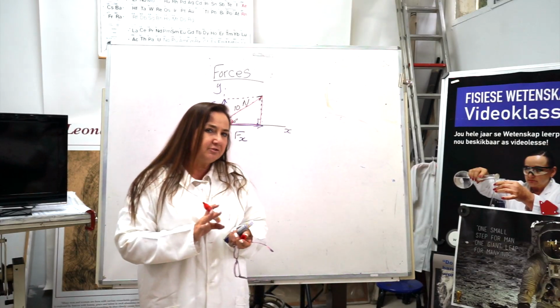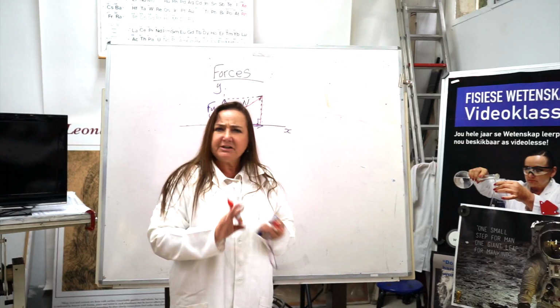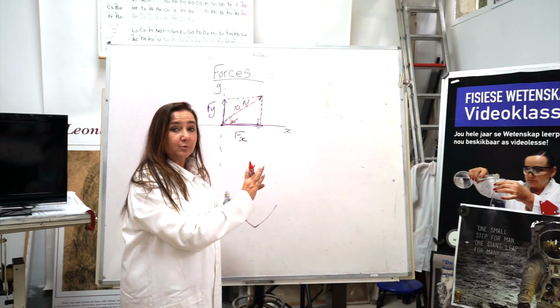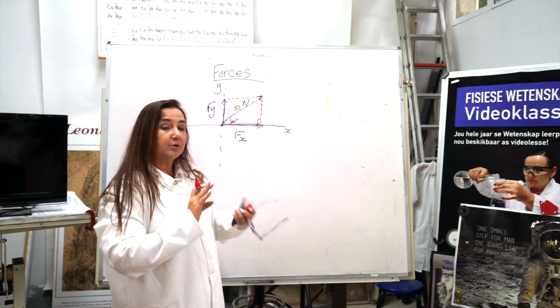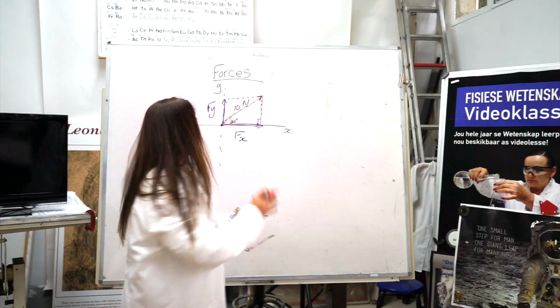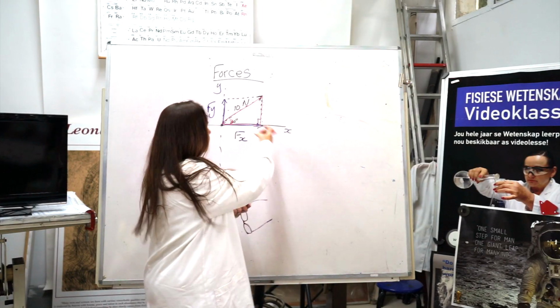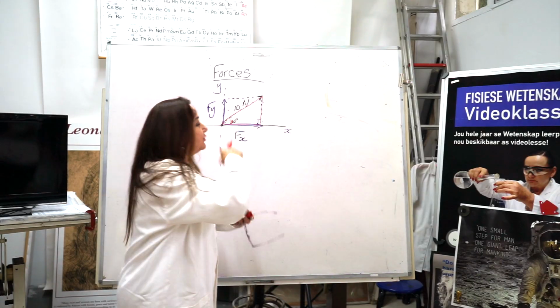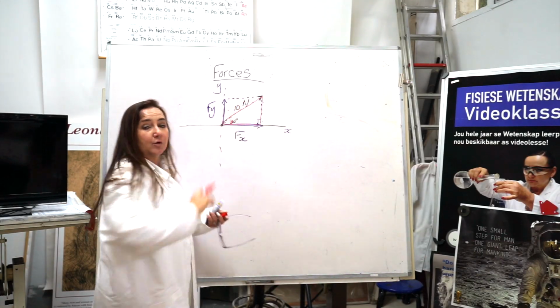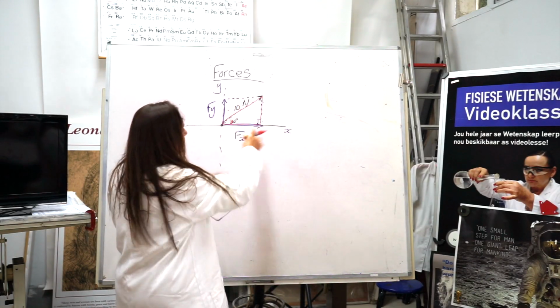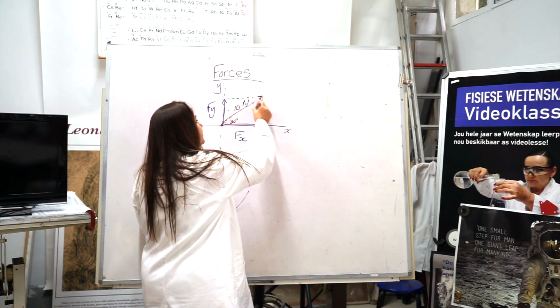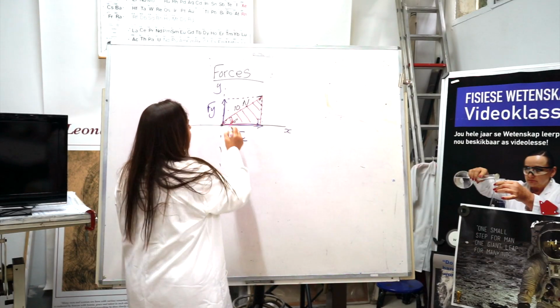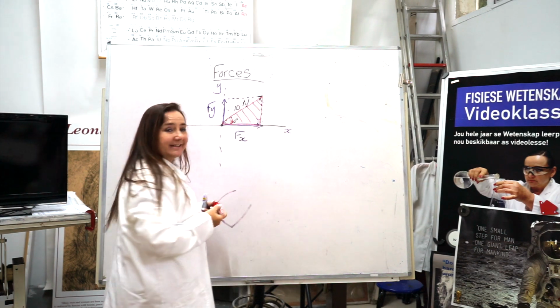I don't want you to do that. So we're going to work it very simply. I'm going to explain it once, and from there on we're always going to use the same formula for the x component or the y component of the given force. But just to show you where it comes from, let's use this triangle here.